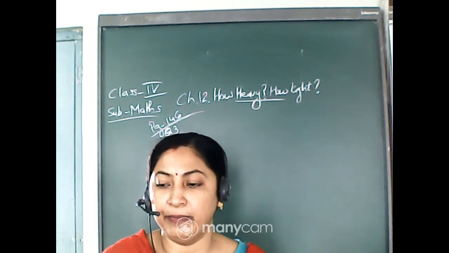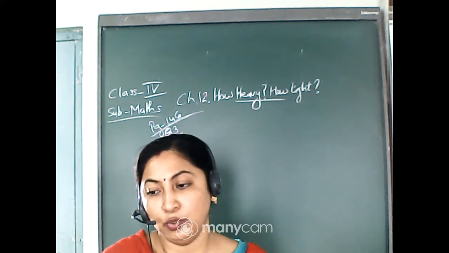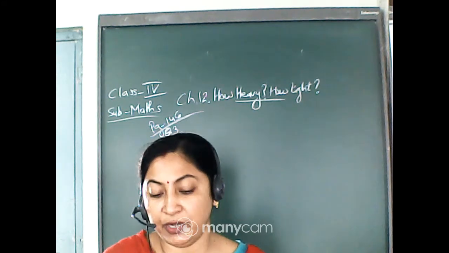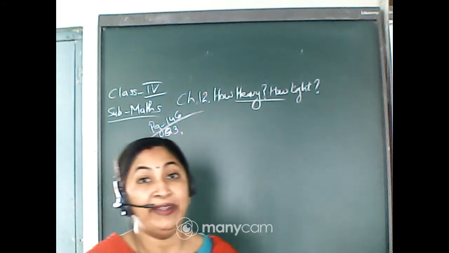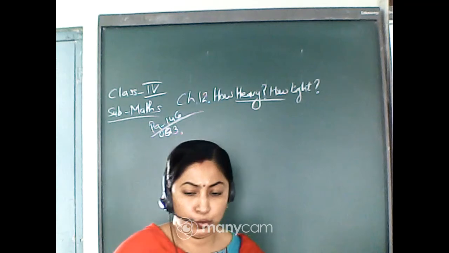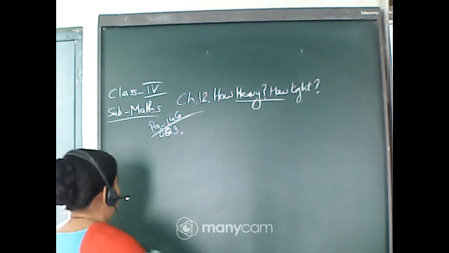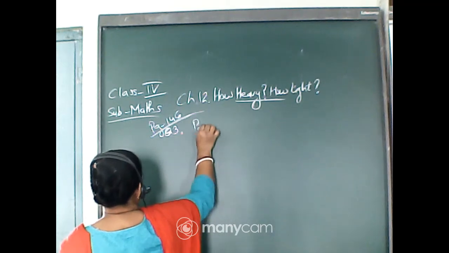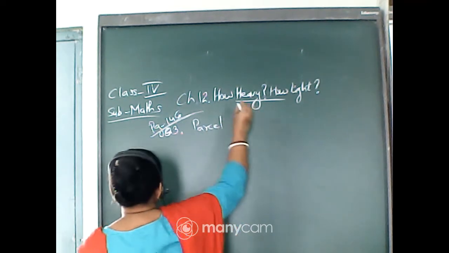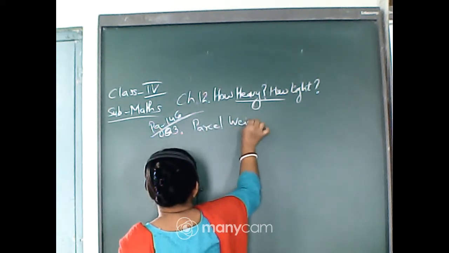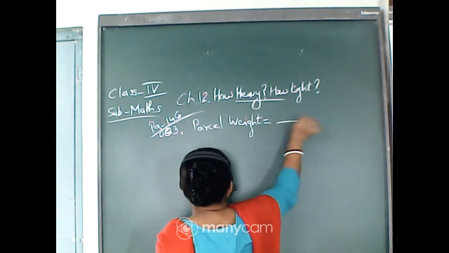It is between them, isn't it? Not 200, not 250, but between that. That means it is 225. So write the parcel's weight is equal to 225. Or you can write 230 also.